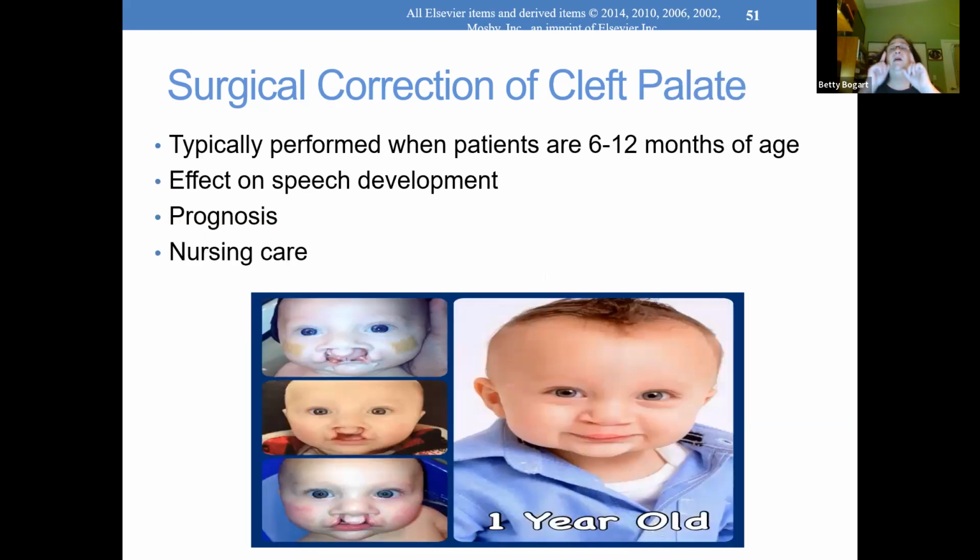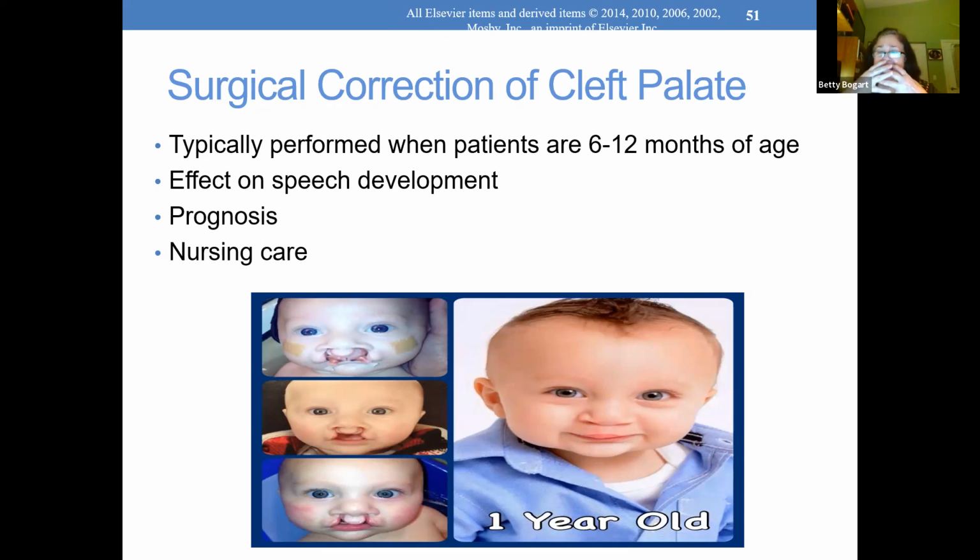Now, then the cleft palate. My little Pierre Robin boy had both lip and palate. He was a sick little boy at birth. Usually it's 6 to 12 months, or 8 to 12 months, somewhere a little under a year, that they're going to fix it. They do it then because this is when children start saying mama, dada, start talking.